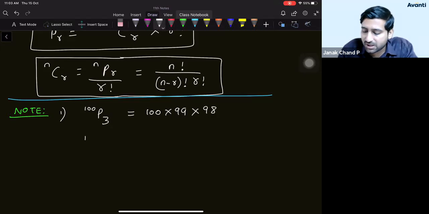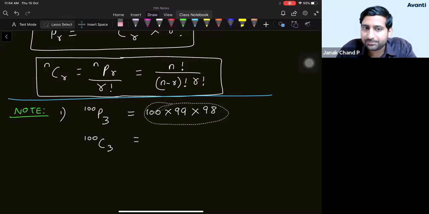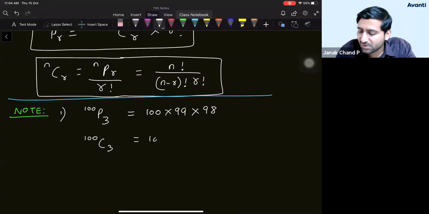In the same way, student, instead of NPR, if we have NC3, what you should do, as I told you, student, you should first do NPR only. The extra step is you should divide that by this r factorial. That is the only extra thing for NCR. So that is, student, this value is start from 100, multiply three numbers, and whatever multiplication you did, divide by the same thing.